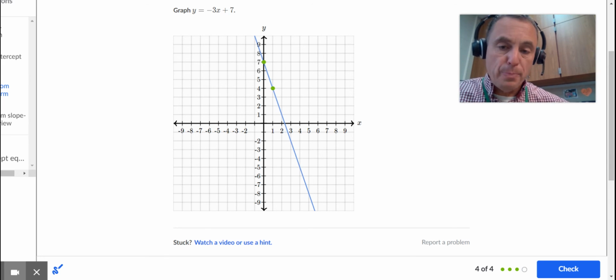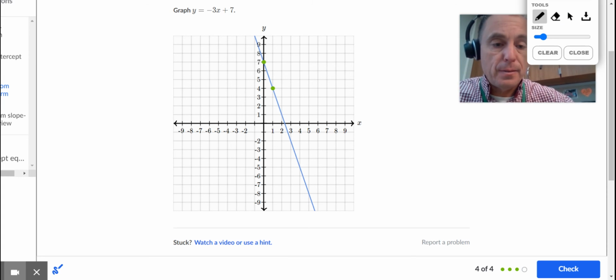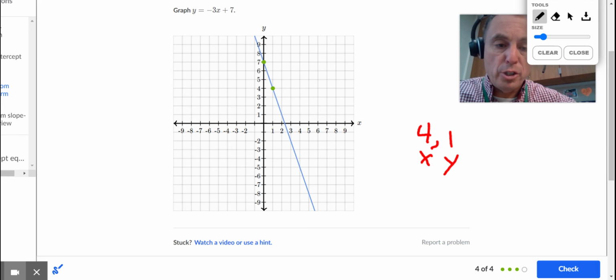And so let's pick this ordered pair right here, this 4, 1, and let's put it into our two-variable equation. So remember, this is our x and this is our y. So I'm going to take these two numbers and put them into the equation.